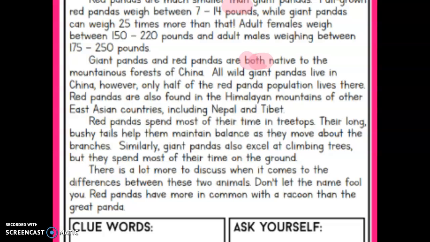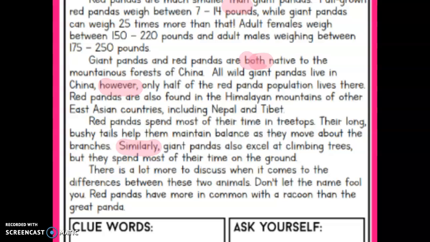All wild giant pandas live in China. However, only half of the red panda population lives there. Red pandas are also found in the Himalayan mountains of other East Asian countries, including Nepal and Tibet. Red pandas spend most of their time in treetops. Their long, bushy tails help them maintain balance as they move about the branches.